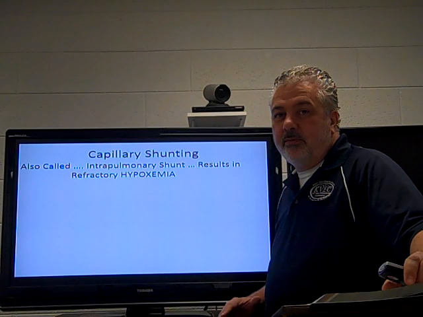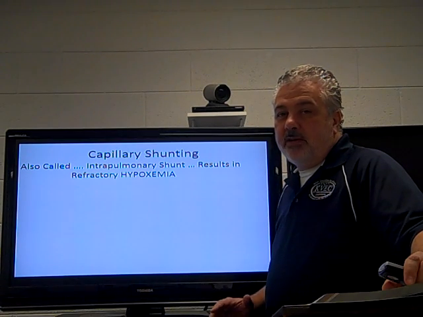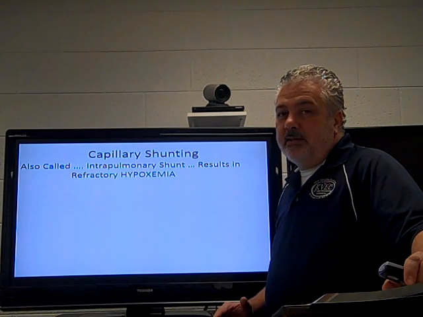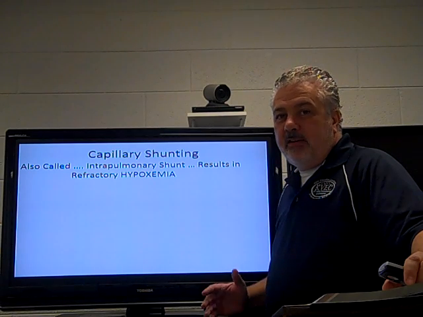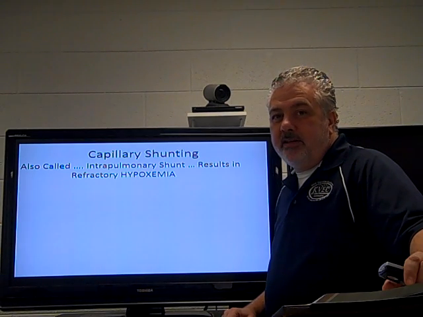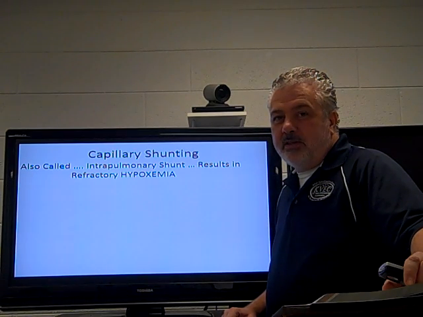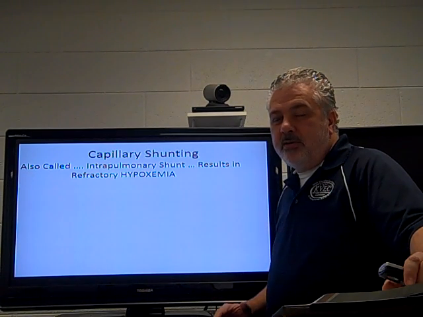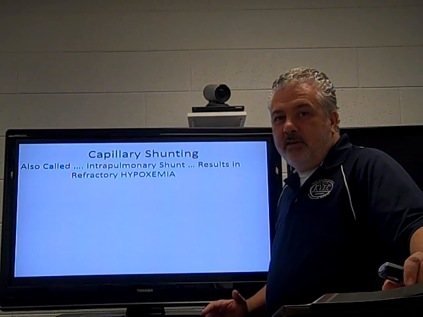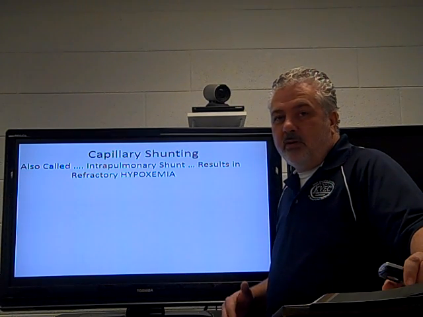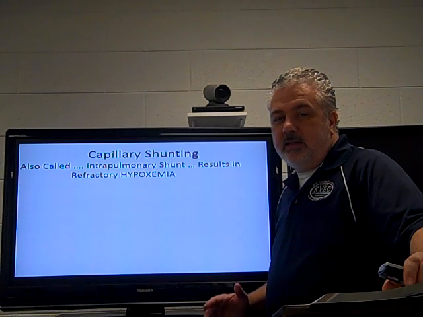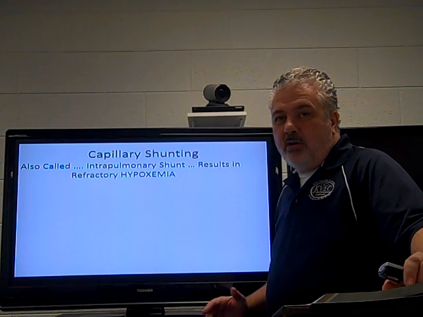Now, just to review, refractory hypoxemia, if you gave it some kind of criteria, you would say that refractory hypoxemia is a PaO2 of 60 millimeters of mercury or less on an FiO2 of 60 or more.